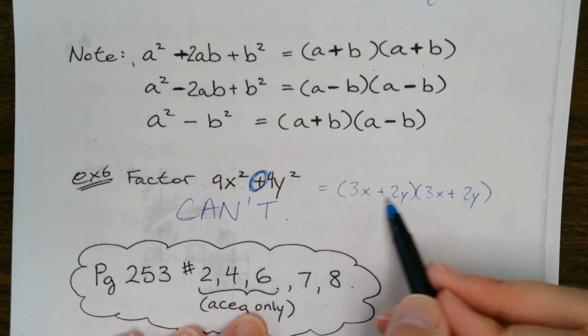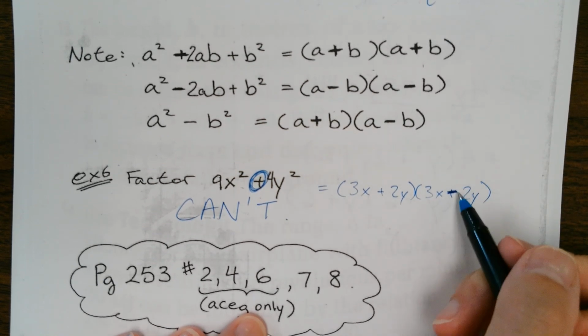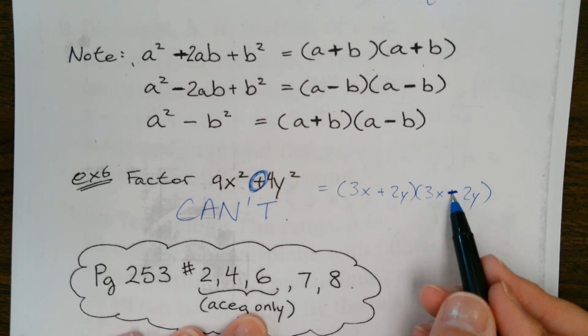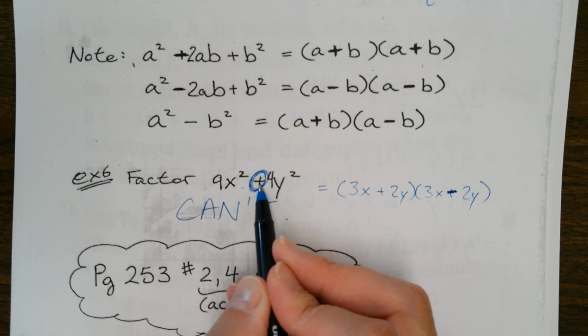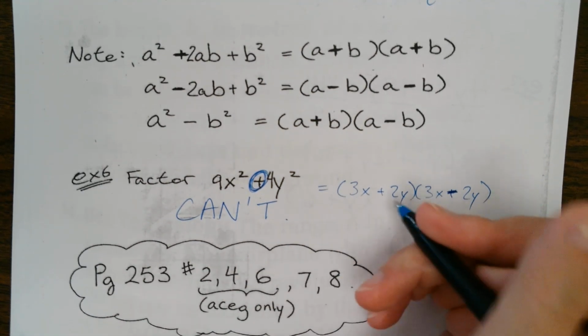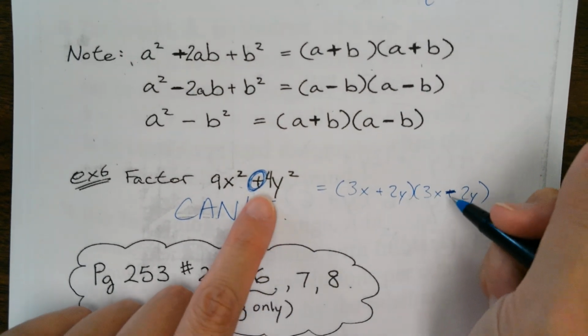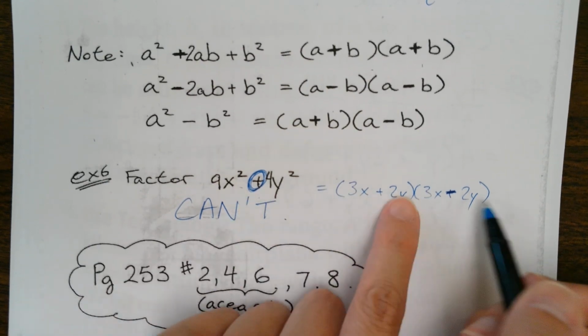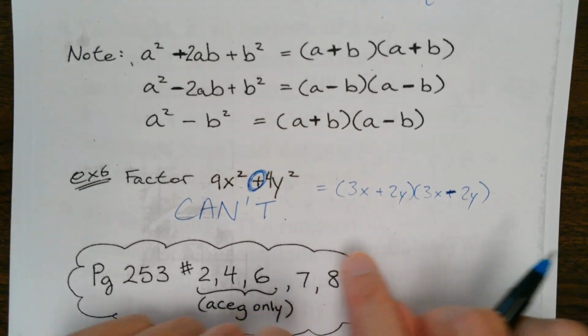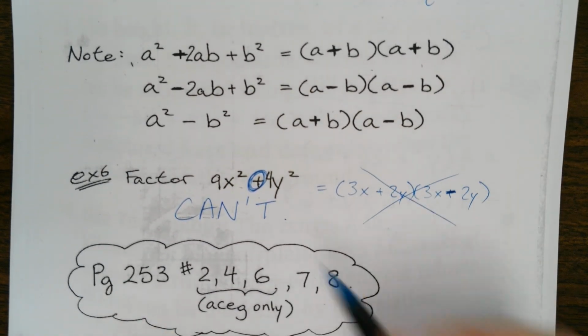If it's plus plus, you're going to get a middle term. If you do minus, you don't get the middle term, but then the sign here would be subtraction. And if it's both negative, you'll also get a middle term. So there's no way that you could have a positive and not have a middle term. And that's why you can't factor this.